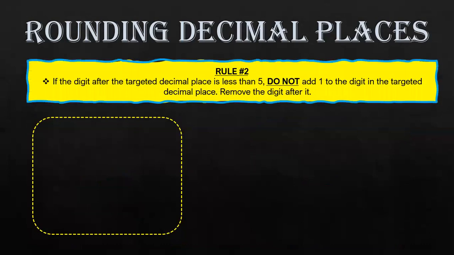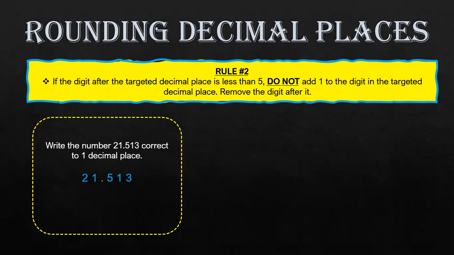Our second rule speaks to the case where the digit after the targeted decimal place is less than 5. In this situation, we wouldn't be adding 1. We are going to remove the digits that come after the targeted decimal place. So again, let's look at an example, writing 21.513 to 1 decimal place.